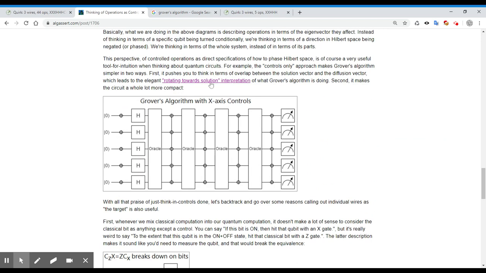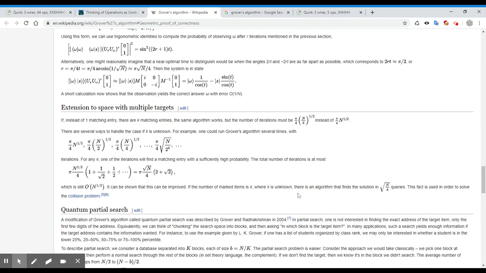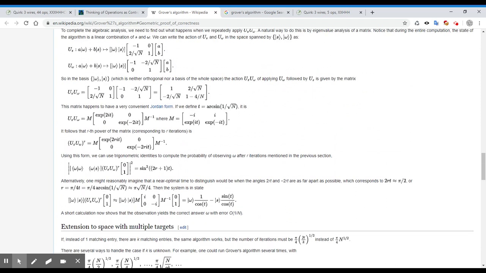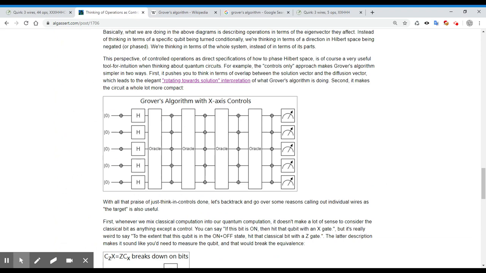That was here. A plane spanned by rotating, rotating, rotating, blah blah blah. Hmm. I don't understand it.